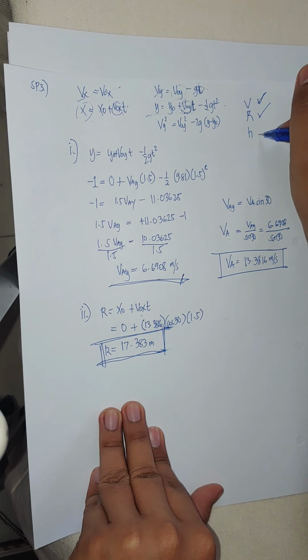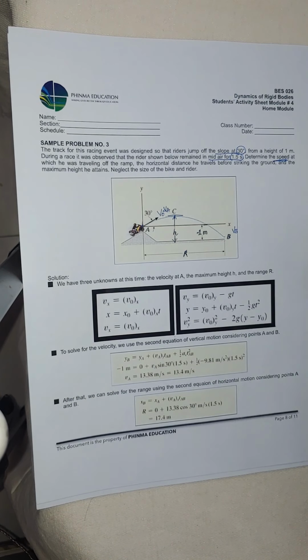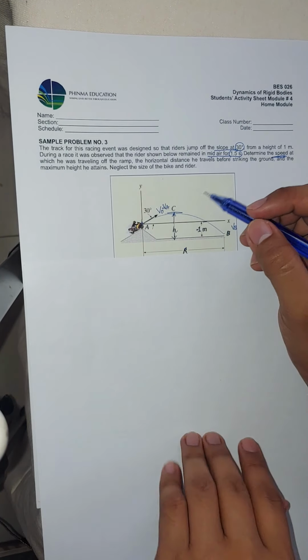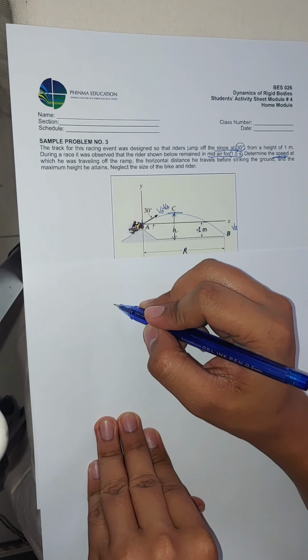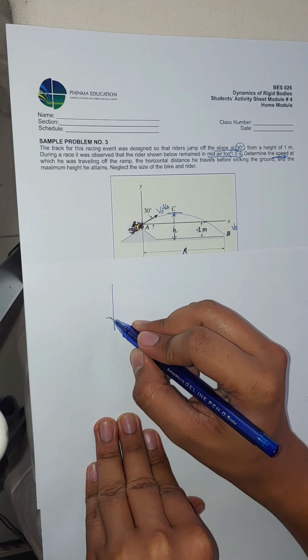So lastly, the height is what we will solve. Okay, I'll use another paper. Okay, this is y. So where will we solve this? So I will draw. So this one.